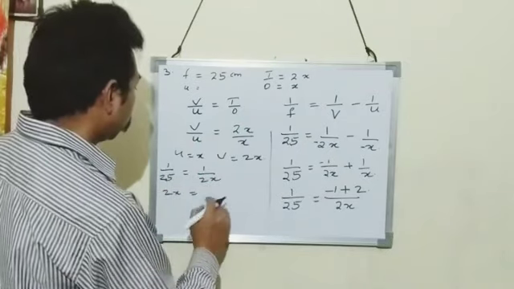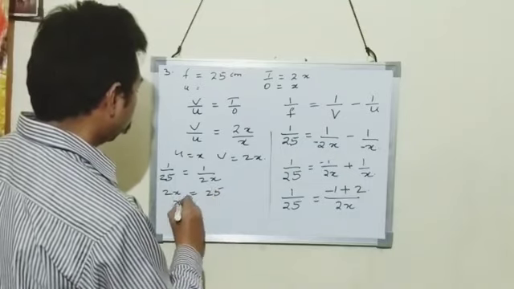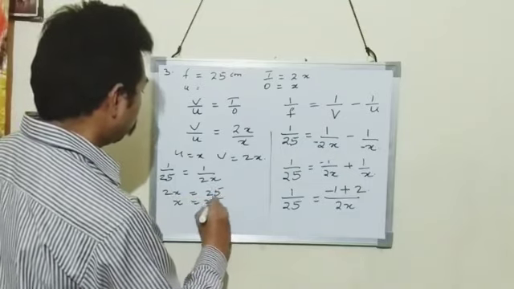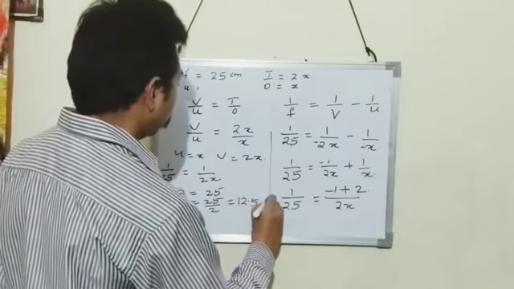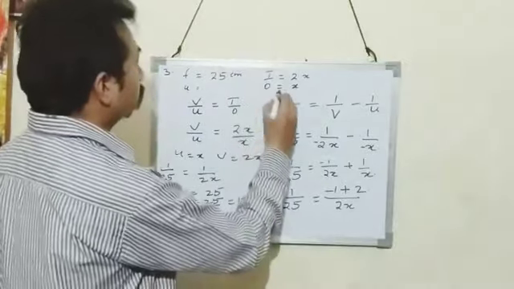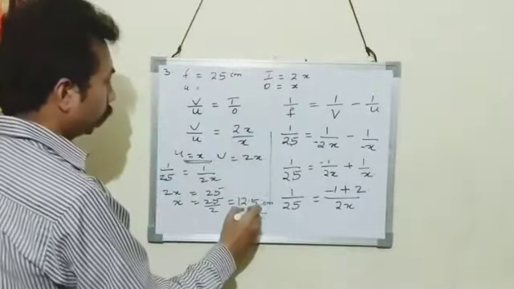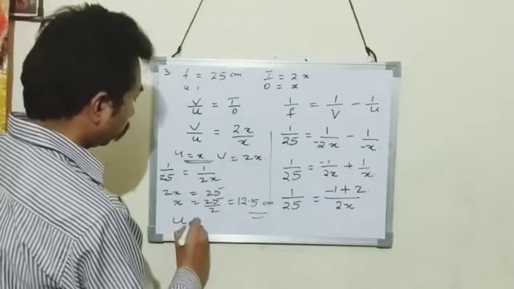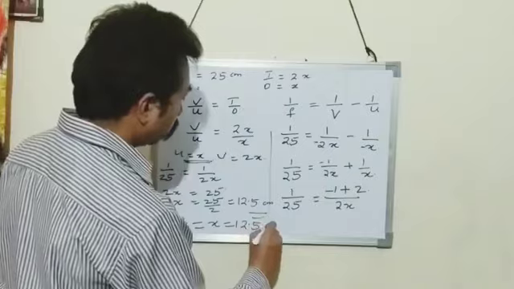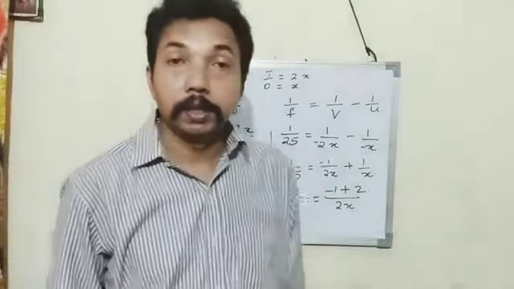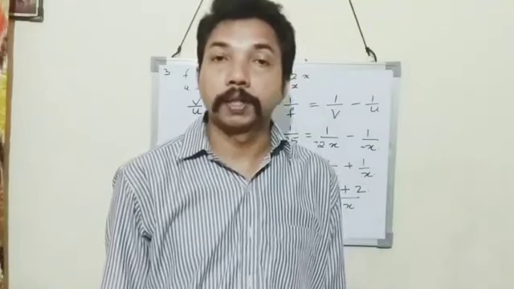Cross multiplying, 2x is equal to 25. Therefore x is equal to 25 upon 2, that is equal to 12.5. So we have to find object distance. Object distance is u. u is equal to x is equal to 12.5 centimeter. So object distance u is equal to 12.5 centimeter. This is the answer.